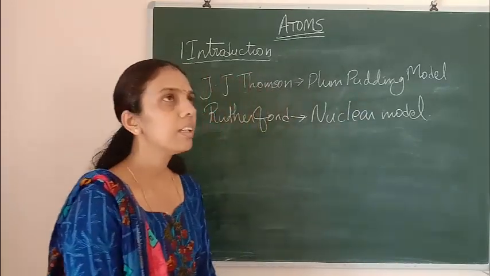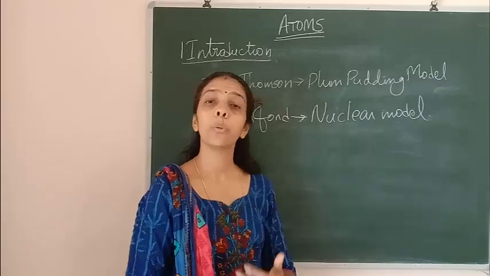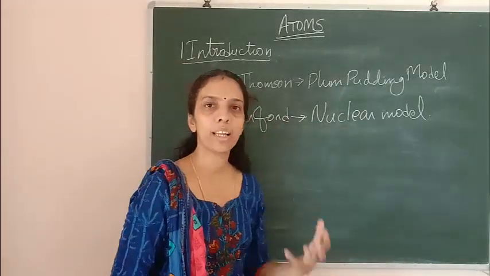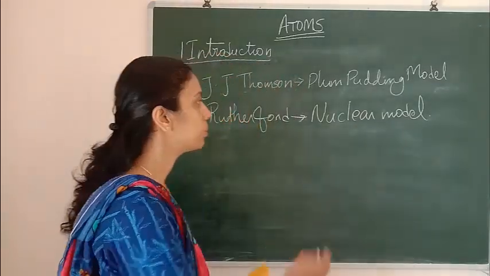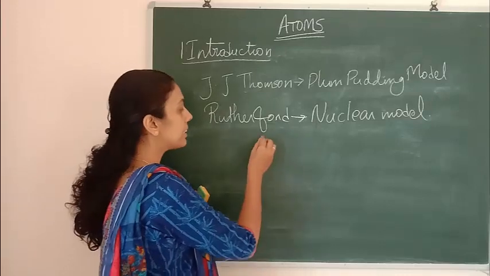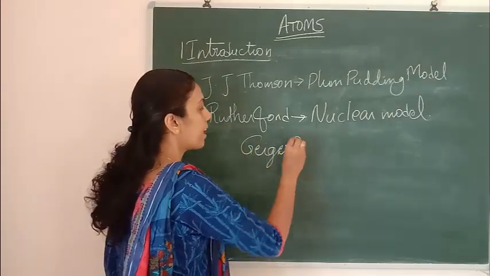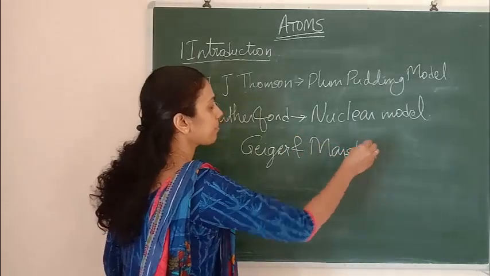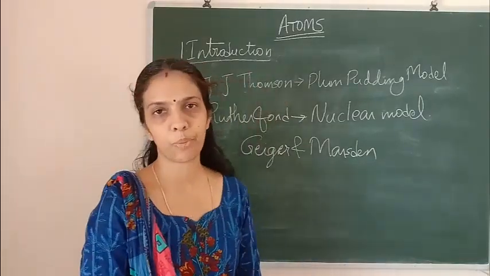So in this chapter we are going to study this nuclear model of the atom. For developing this model, two other scientists, Geiger and Marsden, were doing some alpha particle experiments.